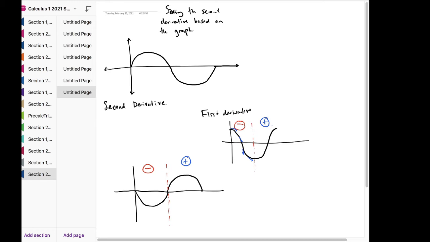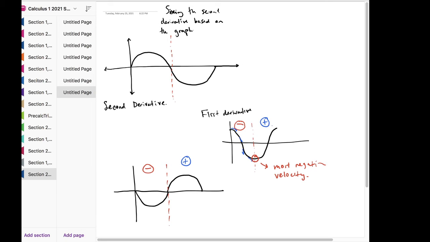So we had said this is the place where the derivative is really big and negative, the most negative velocity. So that was pretty much where the slope was steepest.